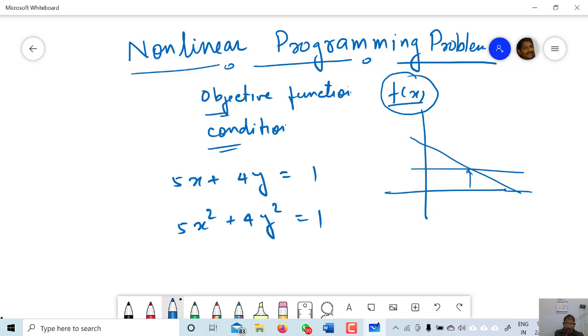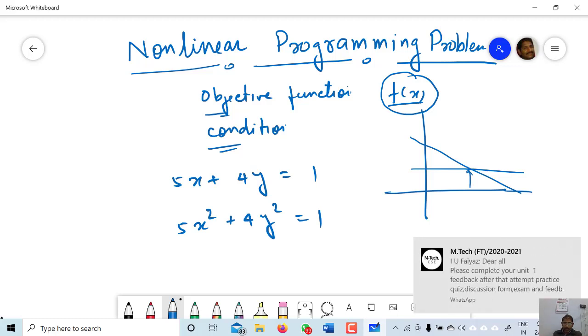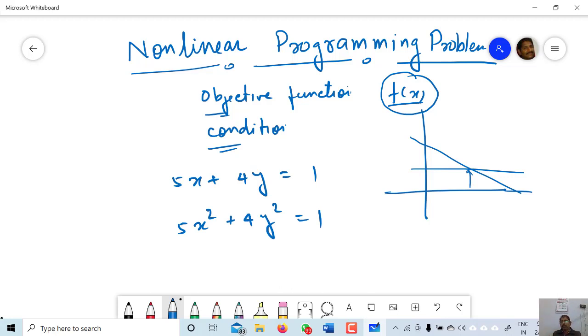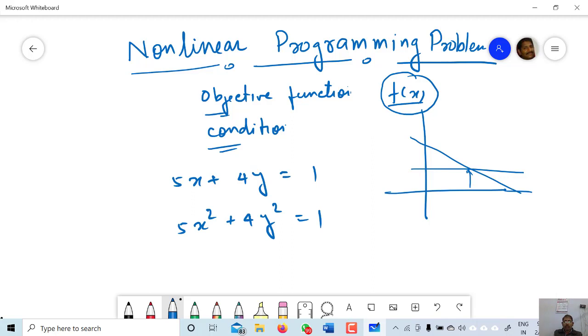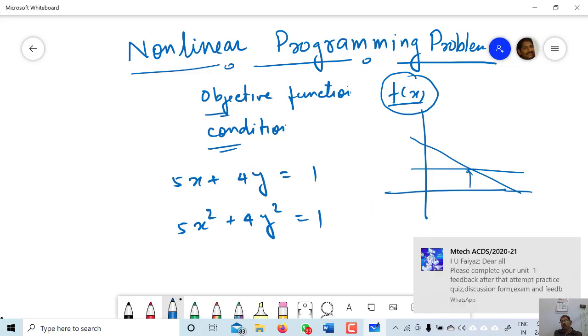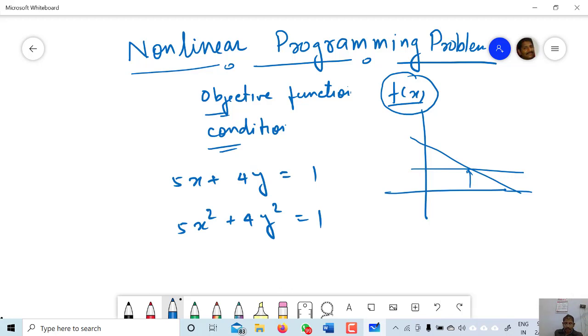So it was recognized that many times practical problems cannot be represented by a linear programming model, even though the linear programming model is very famous. So we also have to consider the other aspect, that means the non-linear portion of it.